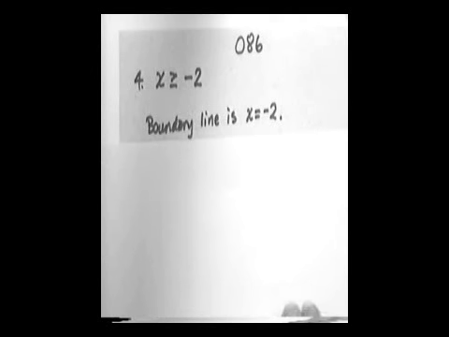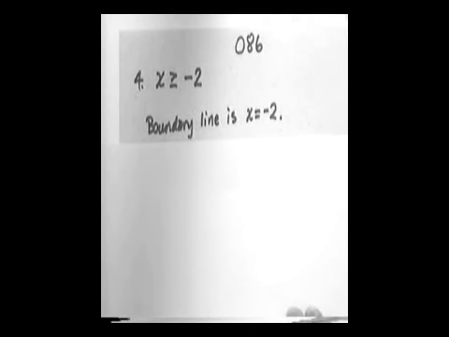It is impossible to solve for y. Does that mean we cannot graph this inequality? No. We still can graph it. We graph it by graphing its boundary line, which is x equals -2. Its boundary line is x equals -2.